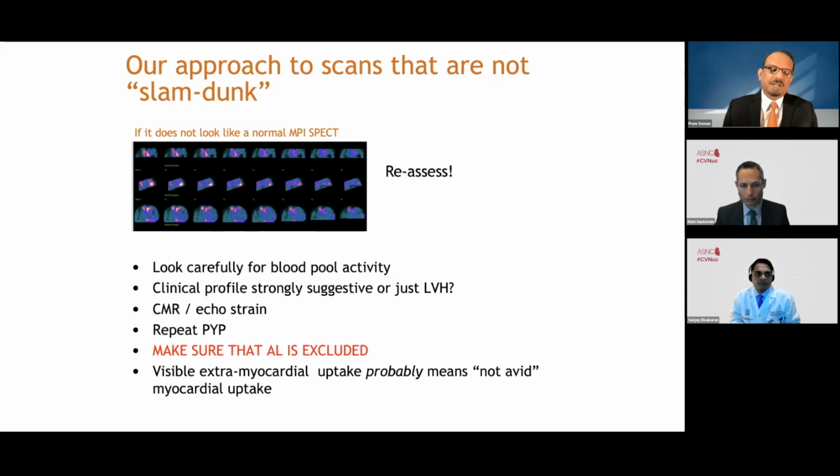It's very interesting that the profile of these patients more closely aligned with patients who had negative PYPs than positive PYPs. So this is not an infallible rule, but I do think that when you see a lot of extracardiac uptake, that probably means that there is not intense myocardial uptake.